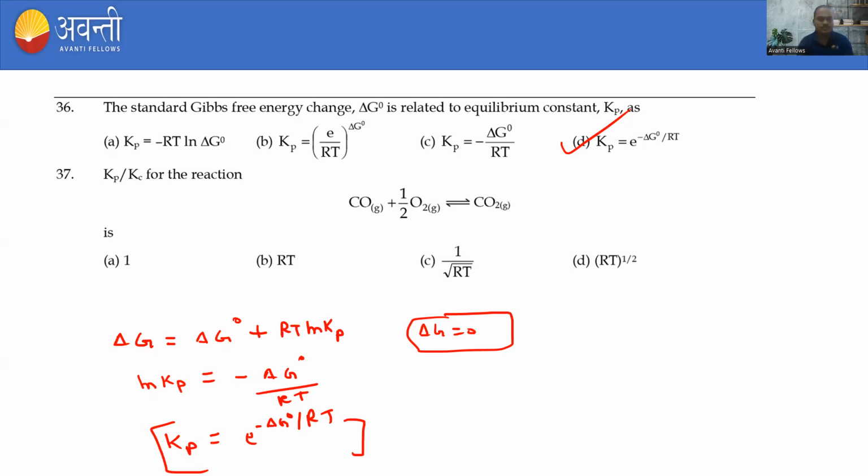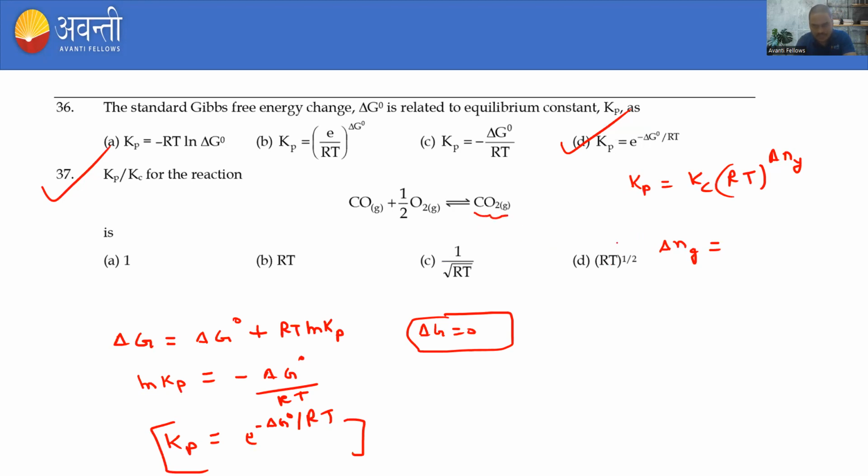Done? Now move to the next question, that is question number 37. What is the ratio of Kp by Kc for this reaction? So you need to calculate the ratio of Kp by Kc for this reaction. We all know the relation between Kp and Kc: Kp is equal to Kc RT to the power delta ng. So you need to calculate delta ng for this equation. What is delta ng?